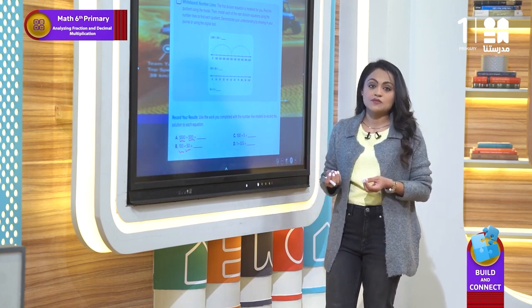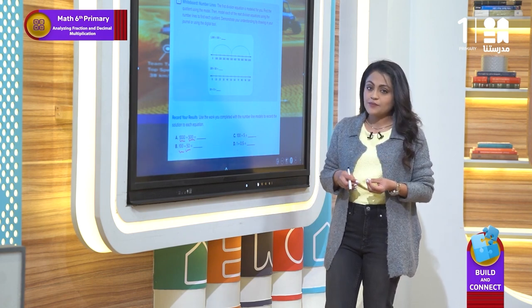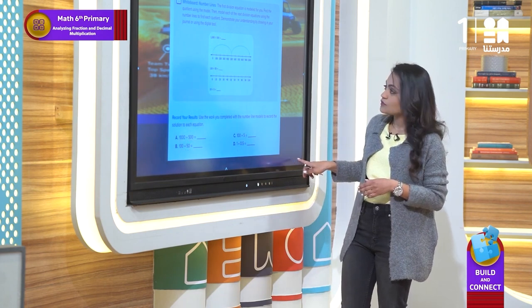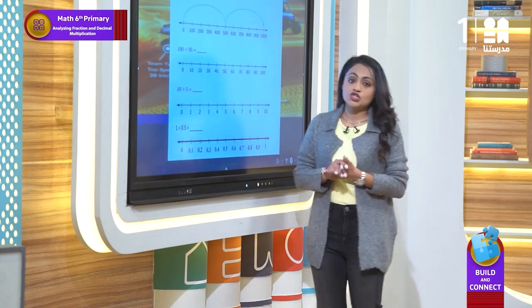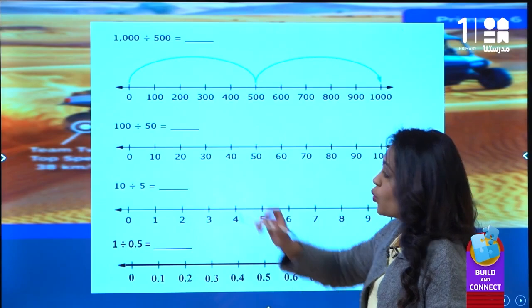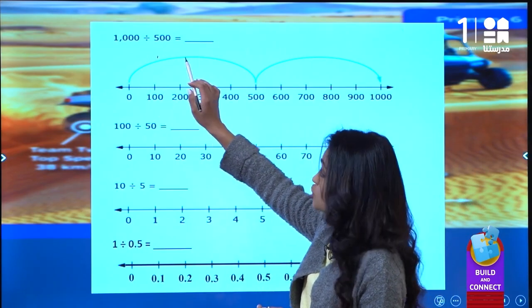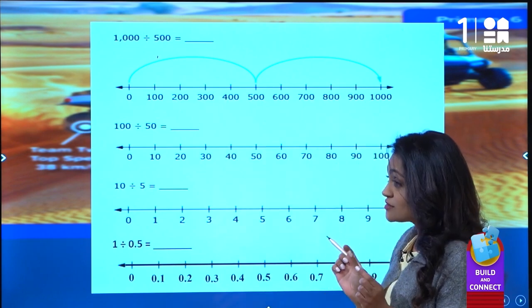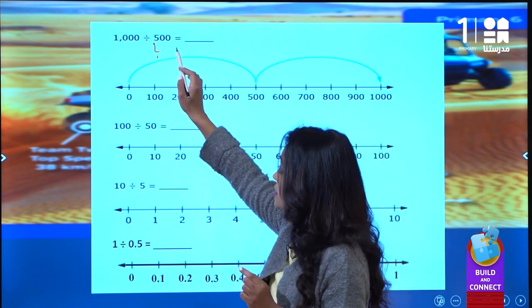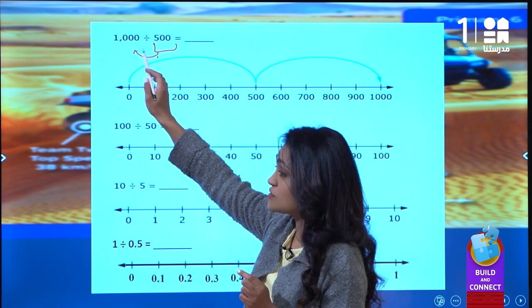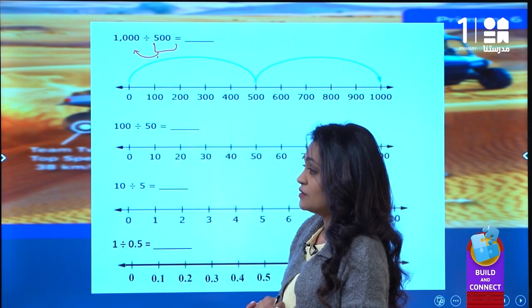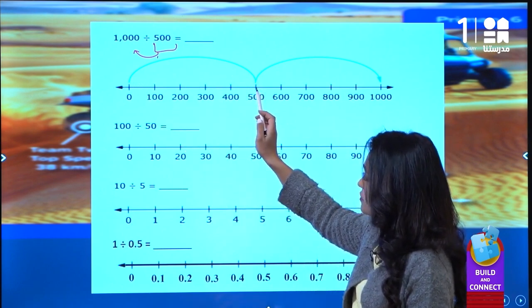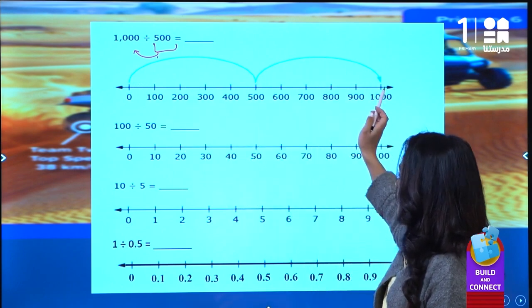Let's solve the problems using the number line. In the first problem, 1000 divided by 500 means how many 500s are there in 1000? Exactly, let's see. 1, 500, and another 500.